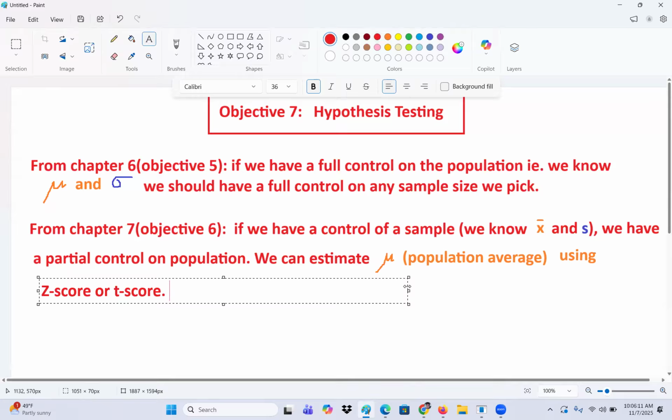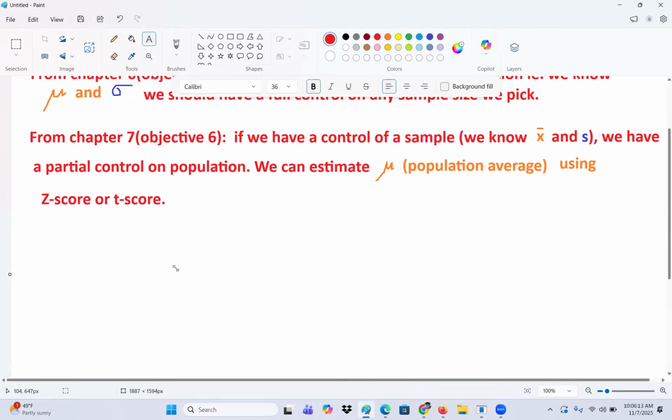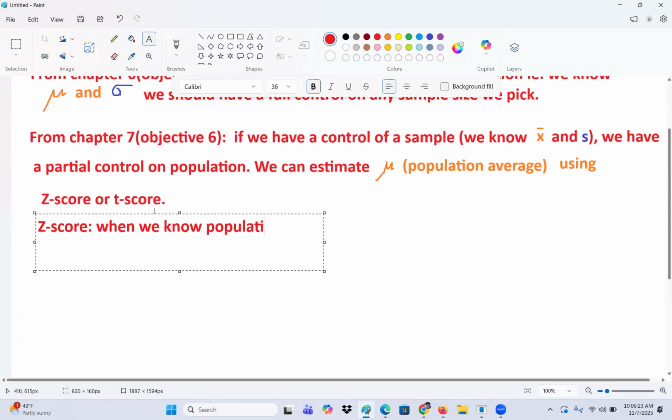The z-score is not something very realistic, but it's still in the lectures. The z-score is used when we know the population standard deviation.